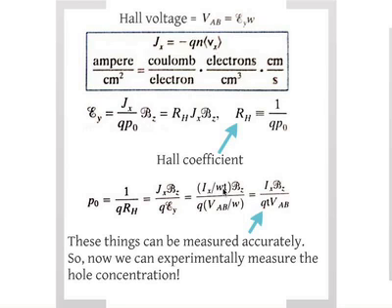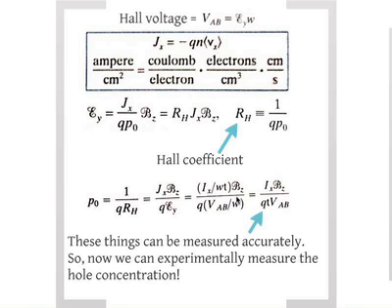Come back here. This is W and this is T. The area is W times T. The current density is just Ix divided by Wt. And the Hall field is essentially the voltage divided by W, like we talked about before.